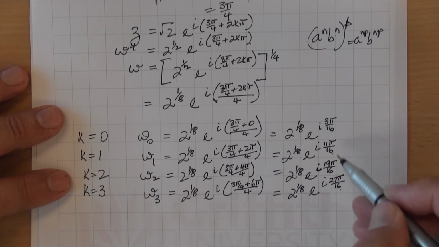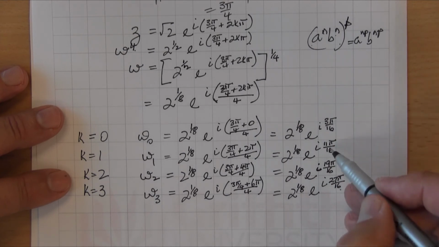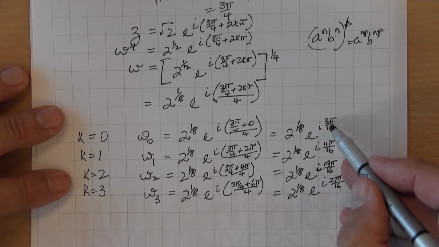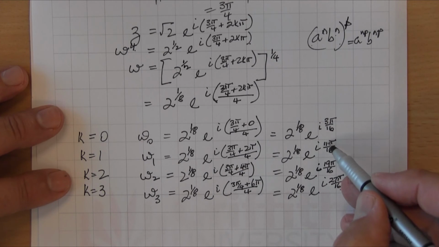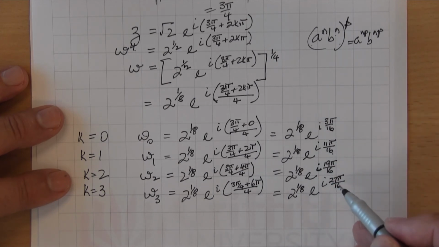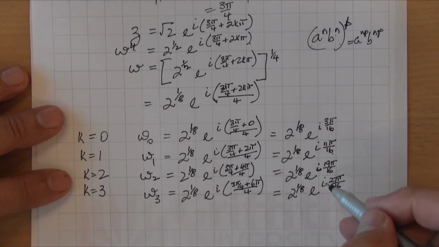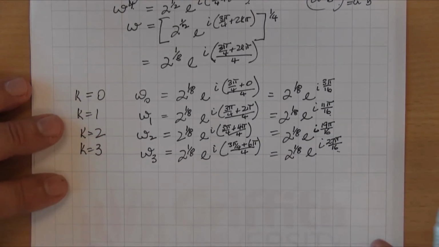There is actually a progression. 3 pi on 16, 11 pi on 16, so they're actually differing by 8 pi on 16. If you add another 8 pi on 16 to that, you get 11 pi. Now add another 8 pi on 16, you get 19. You add 8 pi on 16 to that, you get 27 pi on 16. So they're equally spaced around a circle of radius 2 to the power of 1/8.